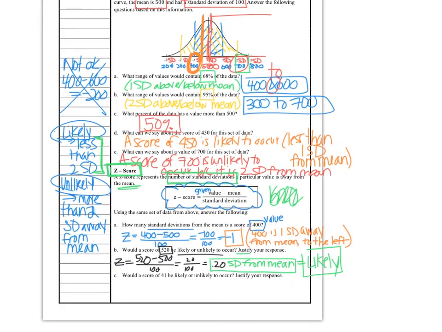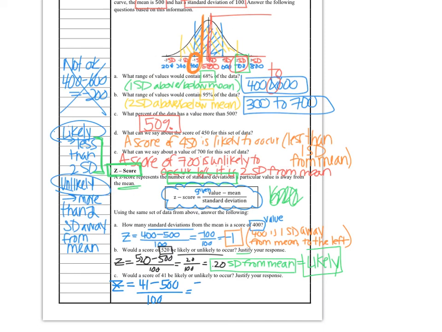Then the next one says, would a score of 41 be likely or unlikely? I don't feel like that was supposed to actually say 41, but we'll go with it. So z equals value 41 minus mean 500 divided by standard deviation 100.